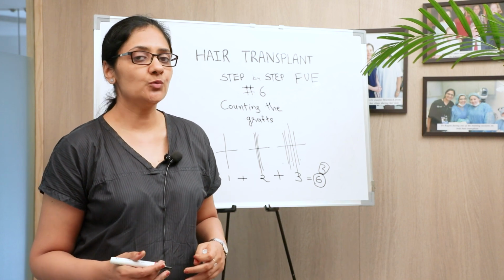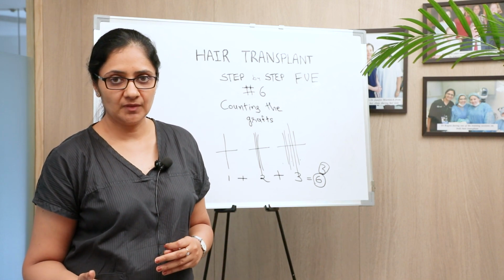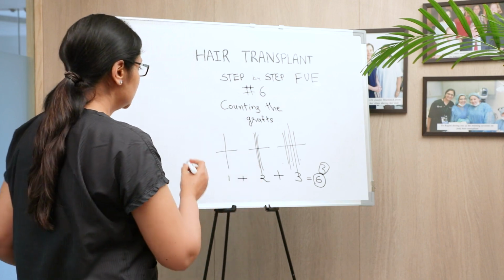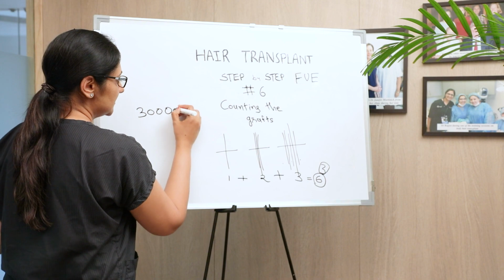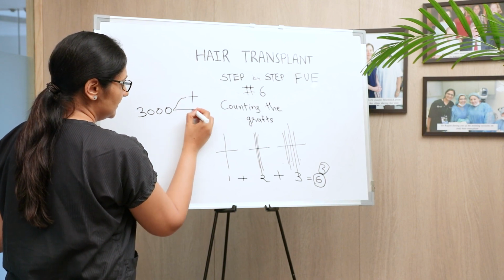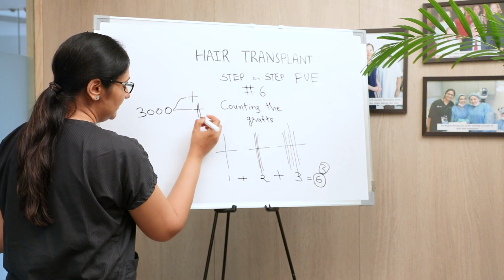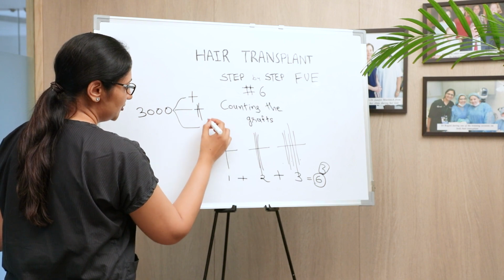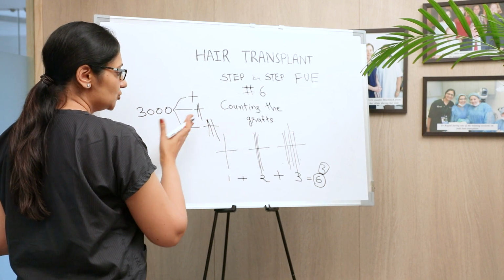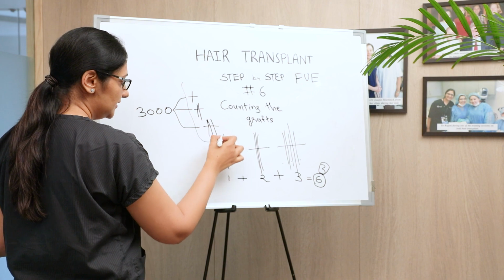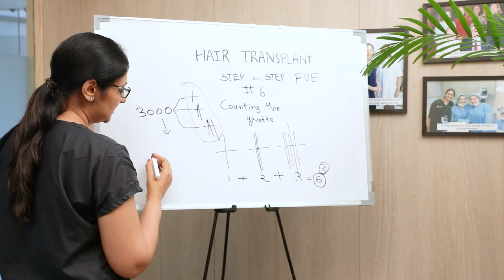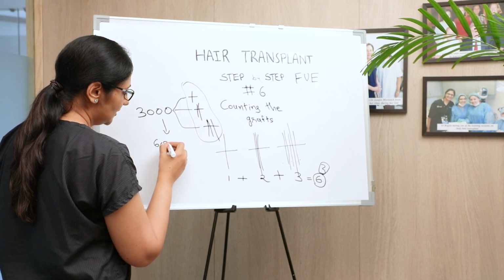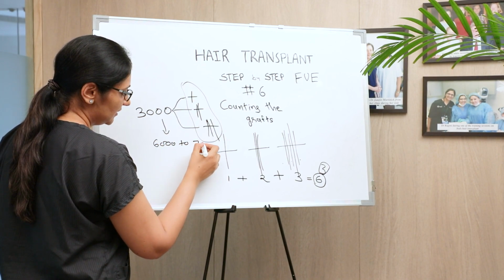Say for example you are going for a 3000-graft session. On average, a 3000-graft session has some single hair, some double hair and some triple hair. So the total number of hairs in that 3000-graft session may turn out to be somewhere around 6000 to 7000.